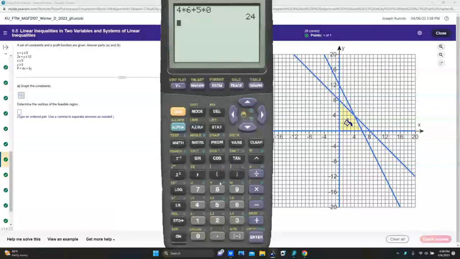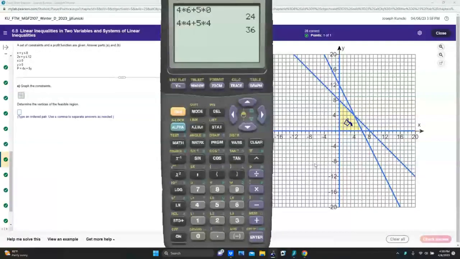And where they cross at the 4, 4, I do second entry, and I can leave the x equals 4 because it's still 4. Oh, I'm sorry. No, my bad. What am I thinking? X is 6, so I got to change the 6 to a 4. So now x and y are both 4. And so p is 36 at this point of intersection.